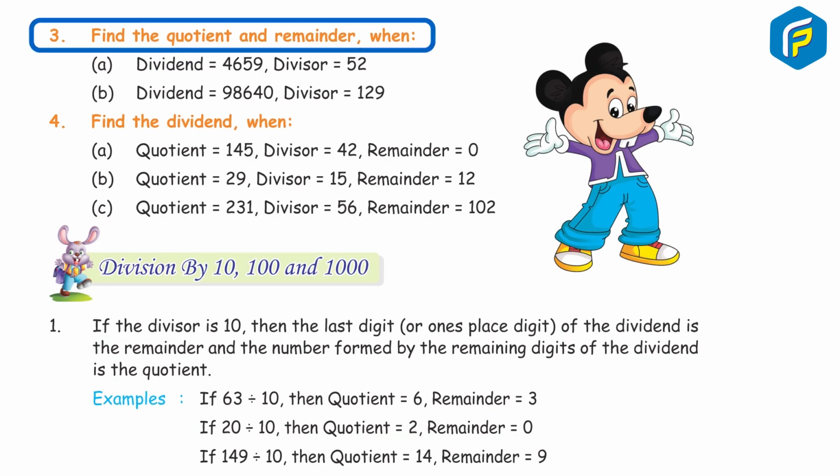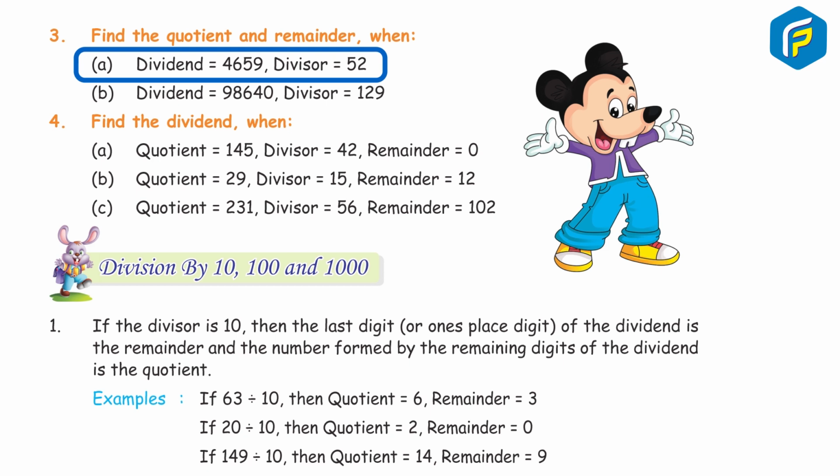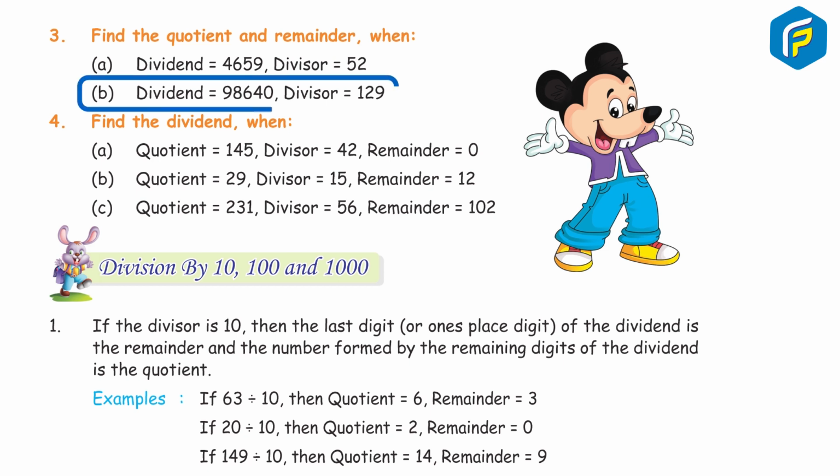Question 3. Find the quotient and remainder when A. Dividend 4659, divisor 52. Answer quotient 89, remainder 31. B. Dividend 98640, divisor 129. Answer quotient 164, remainder 84. Question 4.